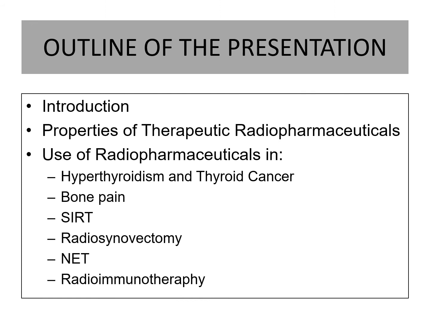And this would be the outline of my presentation, which covers a bit of introduction. You really need to understand the properties of therapeutic radiopharmaceuticals. Then we're going to move into the use of the radiopharmaceuticals in the common diseases that we are handling in our nuclear medicine department, which is hyperthyroidism, as well as thyroid cancer, followed by bone pain.